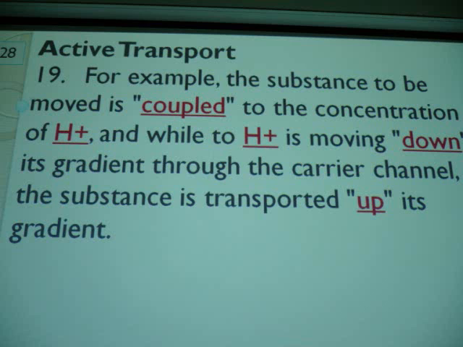Door opens, it comes on through. That's facilitated diffusion. All right. So that's what it means to be coupled, in that you're getting by because you're hitching a ride on something else. You're moving in its natural direction, and you're being sent to where there's more of you, but it works.